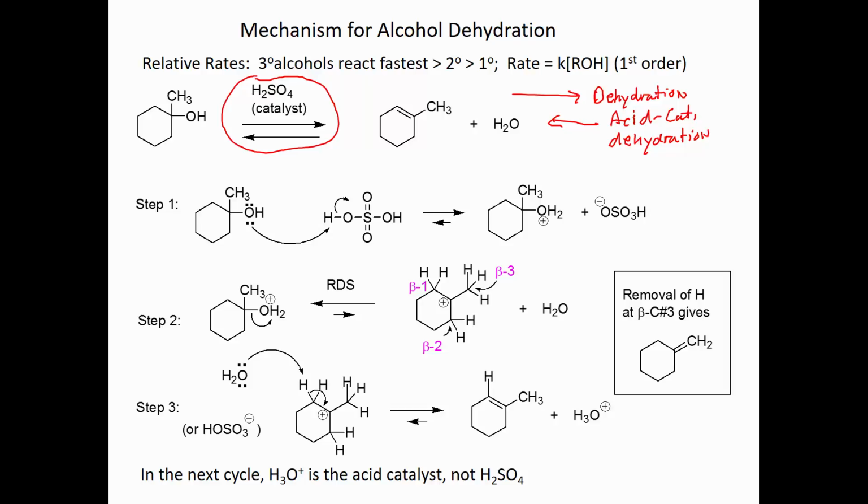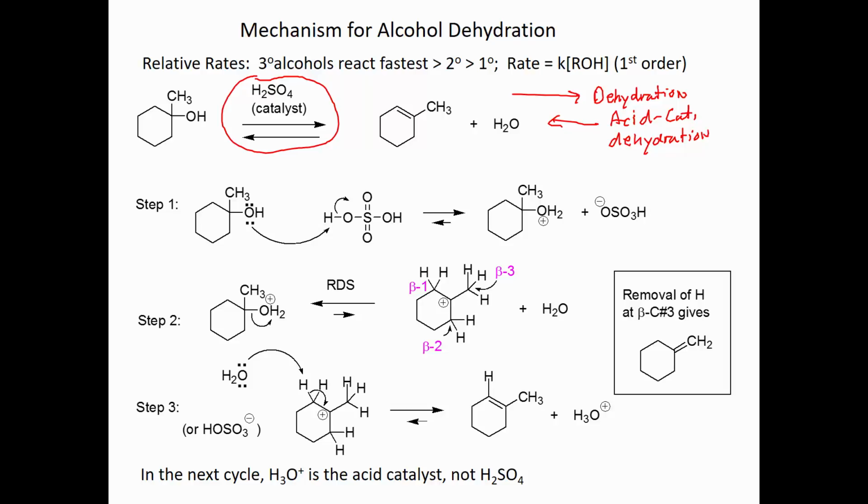Another issue is that sulfuric acid has a tremendous heat of hydration. When you add water to sulfuric acid, you might notice that it gets hot, so it's very exothermic to actually pull water out of this. It tends to hydrate the sulfuric acid.